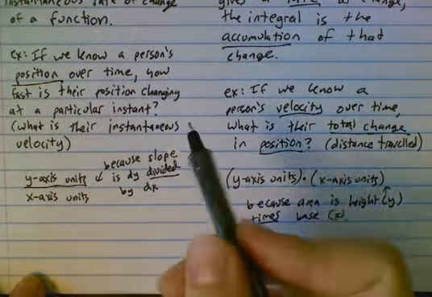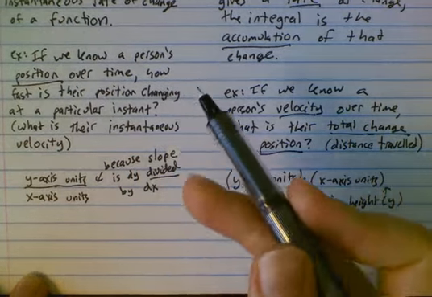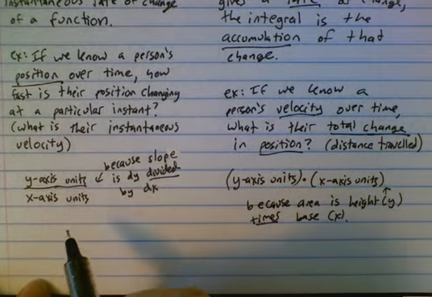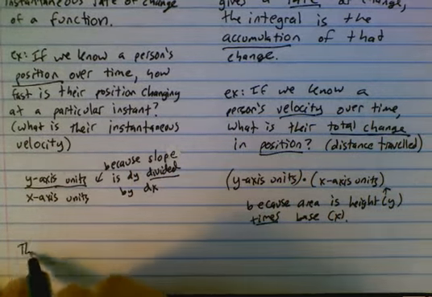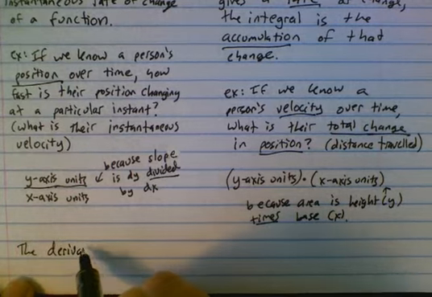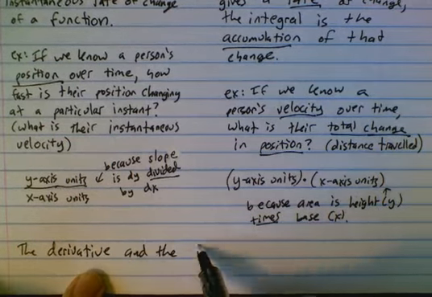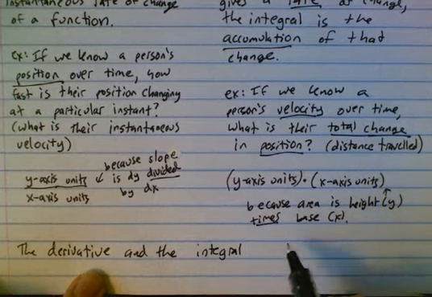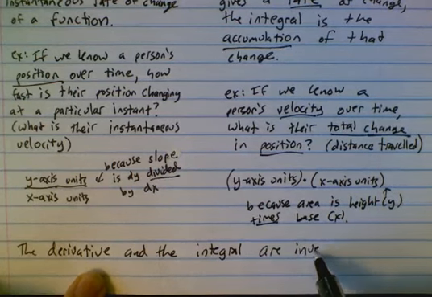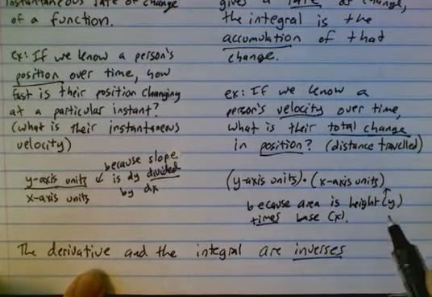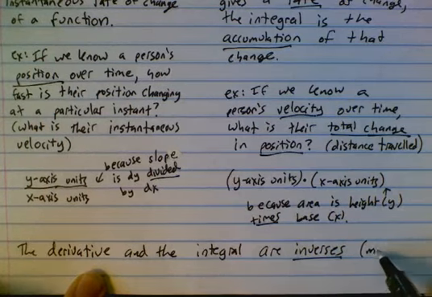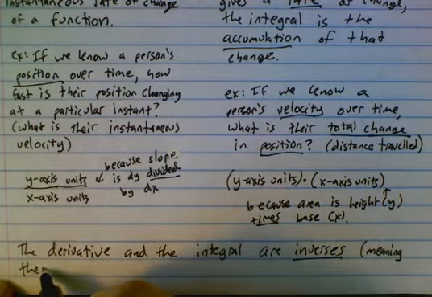Basically, one goes from position to velocity, the other from velocity to position. And in fact, they are very tightly linked. The derivative and the integral are inverses. Meaning they undo each other.